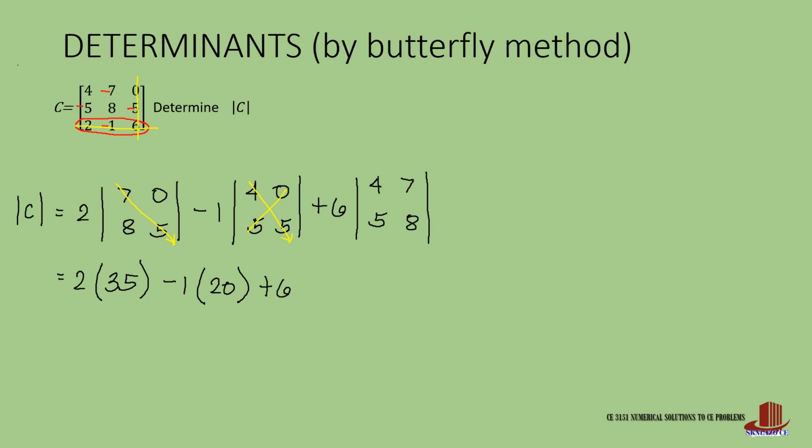Plus 6 times 32 minus 35, or negative 3. So simplifying, we would have here 70 minus 20 minus 18, and that still gives us the answer of 32.